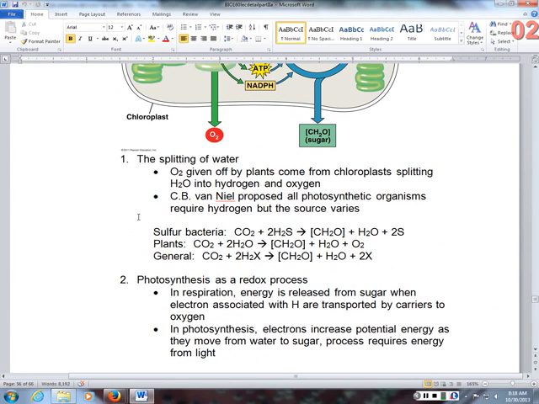But there are other bacteria that do photosynthetic reactions that don't need water to do it. The sulfur bacteria use hydrogen sulfide, and instead of producing oxygen gas, they produce sulfur gas.